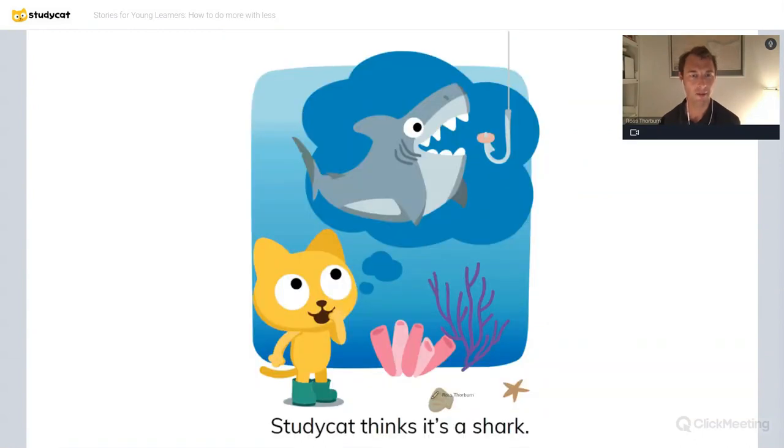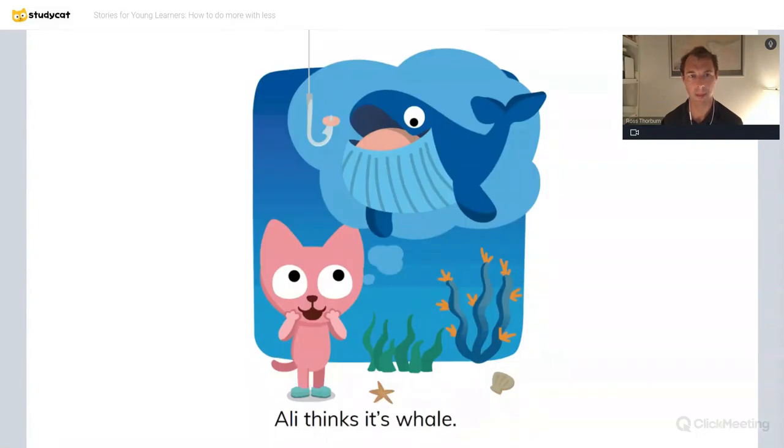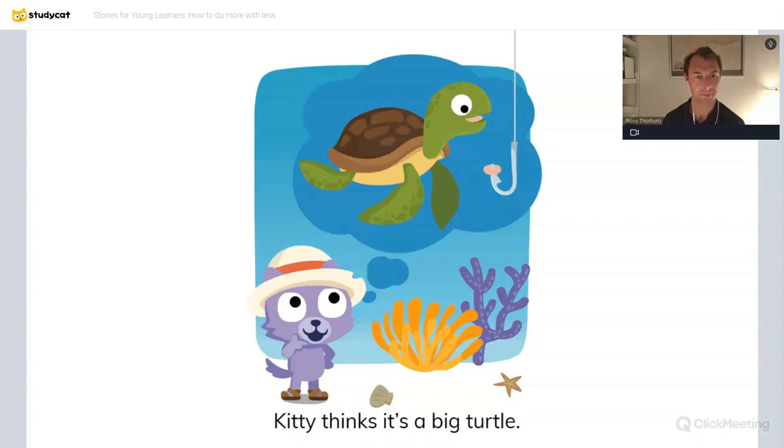Okay, so everyone else is wondering. Here's Studycat, and Studycat thinks it's a shark at the end. Okay, and here's Ali's thought bubble. Ali thinks it's a whale. Wow, so big, so huge. And here's Kitty.